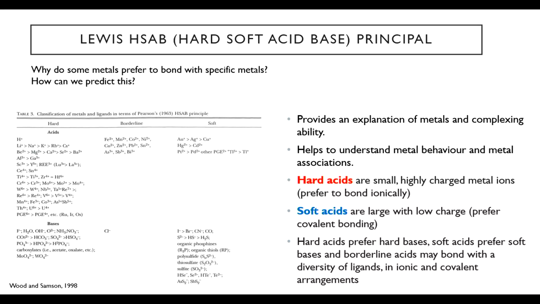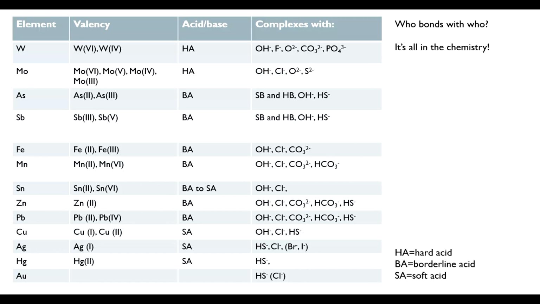That's why it's a commonly sought after indicator for hydrothermal fluid compositions. This is a bit more detailed, looking at specific metals, if they're hard acid, hard base, or borderline, and the ligands that they commonly complex with.